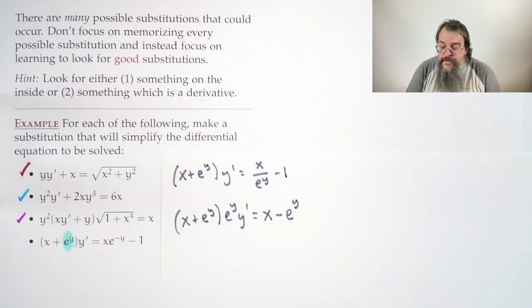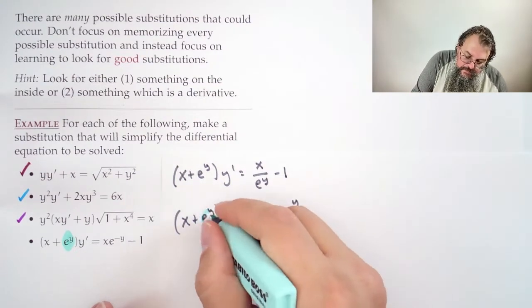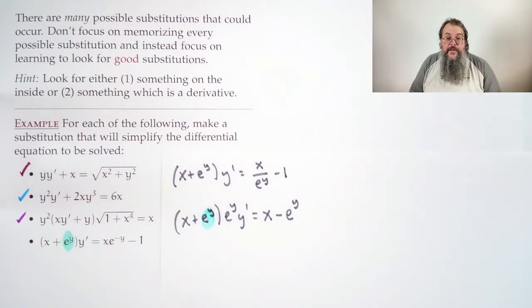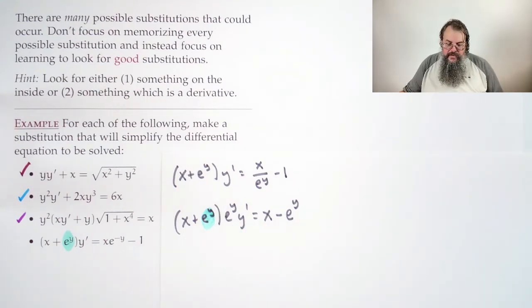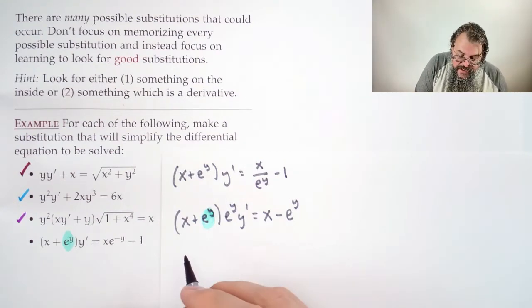Well, that's promising. The fact that y is inside e to the y, and in fact it's always showing up as e to the y, says, hey, let's make e to the y be our substitution.